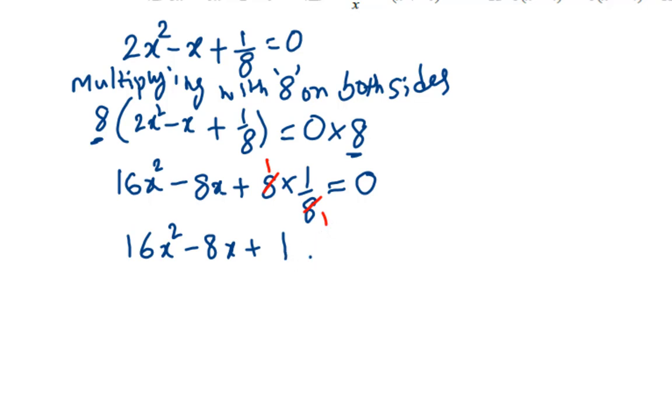So now we get 16x square minus 8x plus 1 equals to 0. This is the quadratic equation. Now from this you can proceed with the factorization method to find the roots of this equation. So factorize this and find the solution on your own.